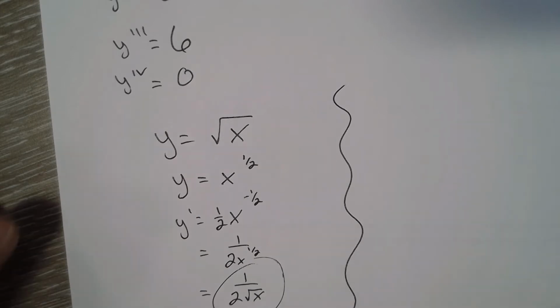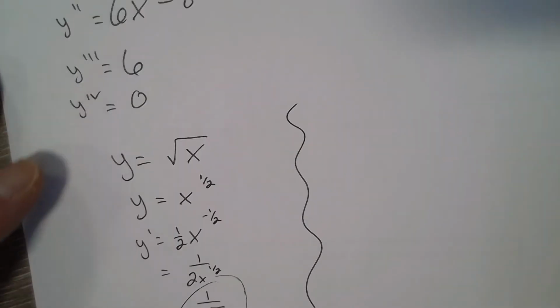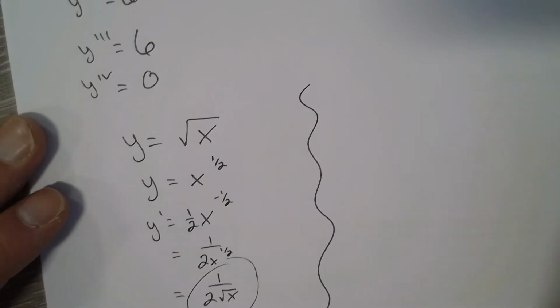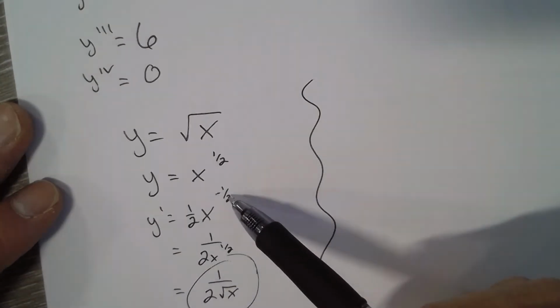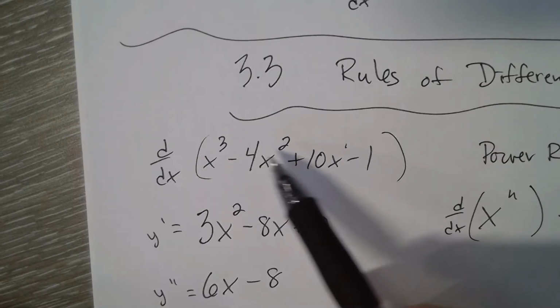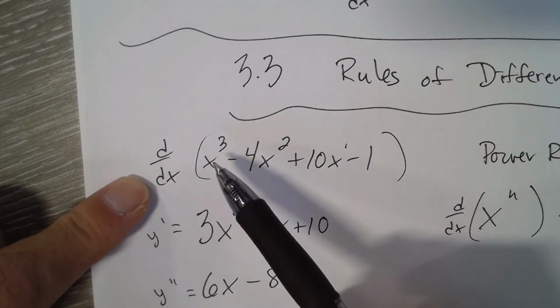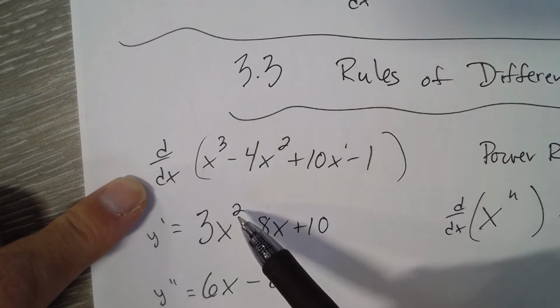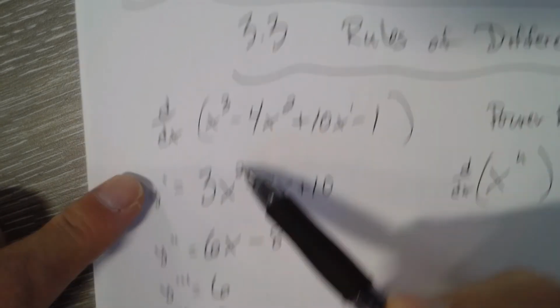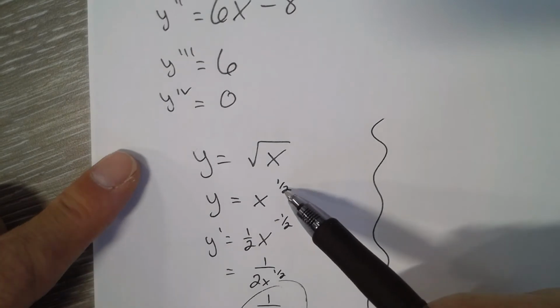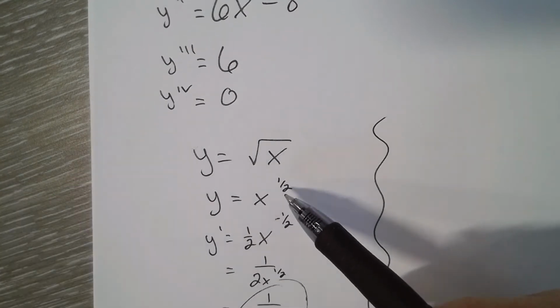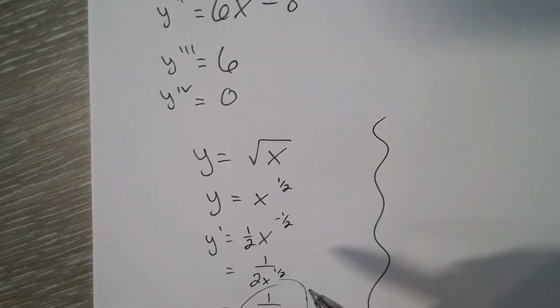Kind of, sort of. And then, how did you get the negative 1/2? Up here, you know that it's x cubed, and we have to bring the 3 down, but you have to subtract 1 from the 3, right? So we have 1/2. We have to subtract 1 from that. So 1/2 minus 1 is negative 1/2. You have to take away 1.